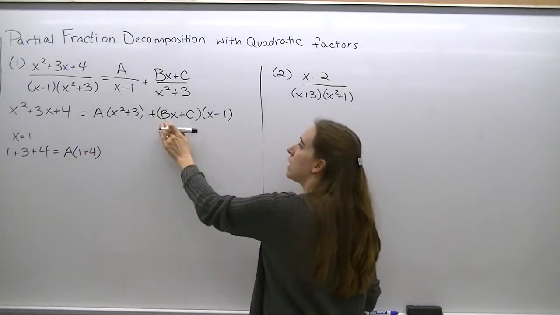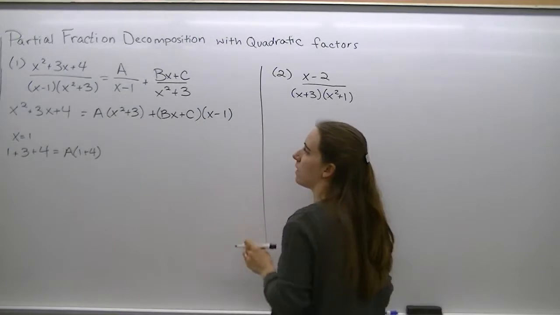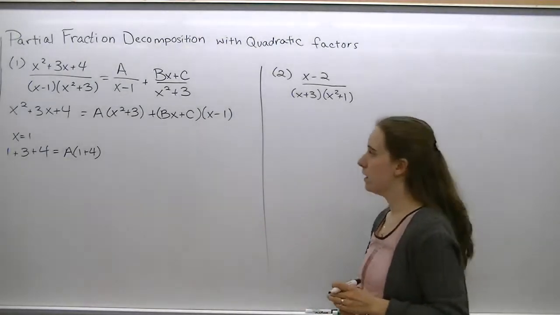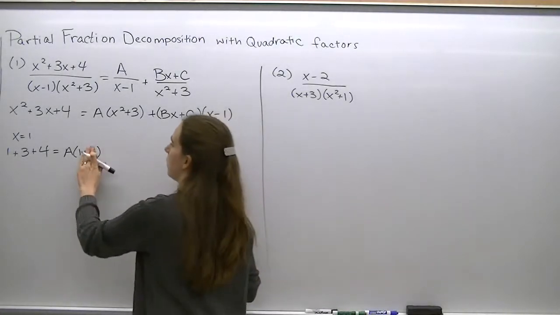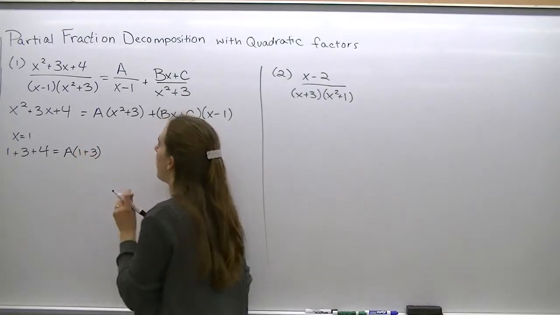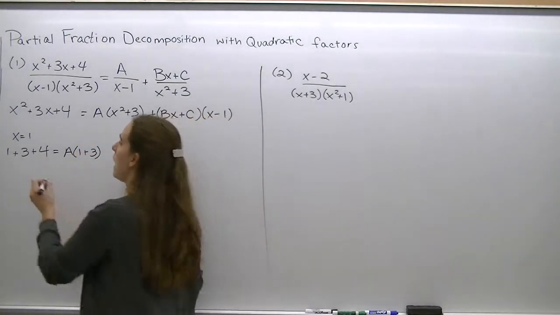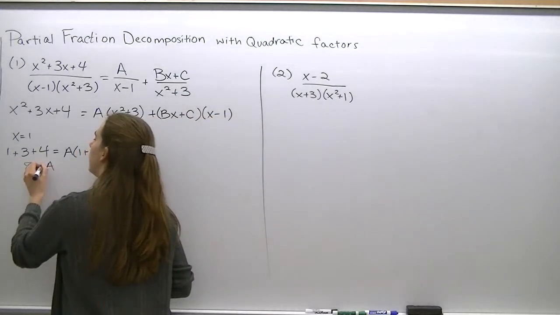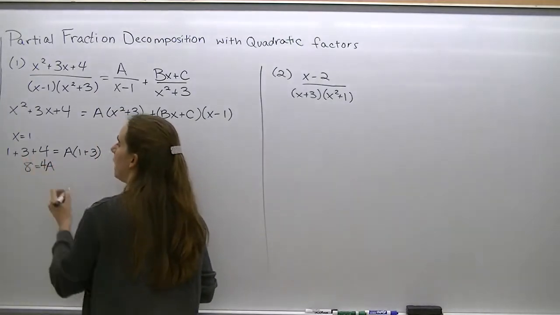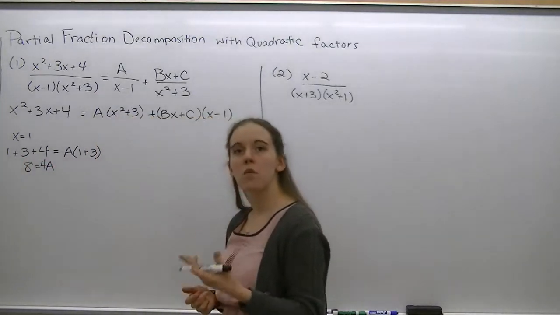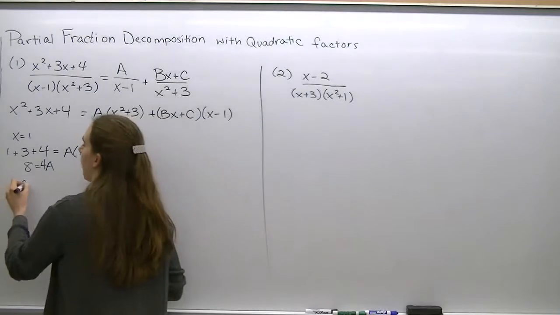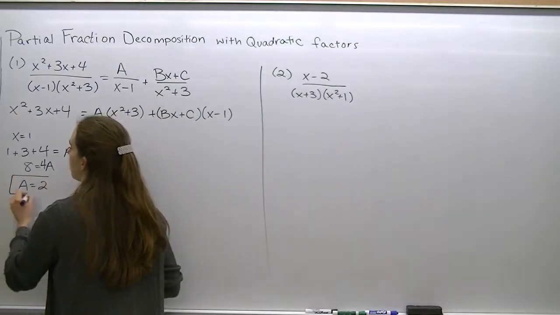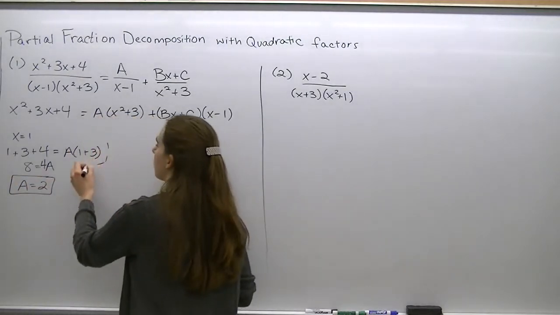And this whole term has disappeared because this is 0. This should be a plus 3. Let's step ahead here. So this should be 8. And this will be 4. So I get 8 equals 4 times a. When I divide by 4, I'll find that a is equal to 2. So there's my first of my unknowns.